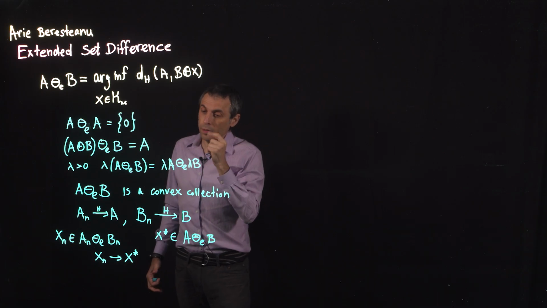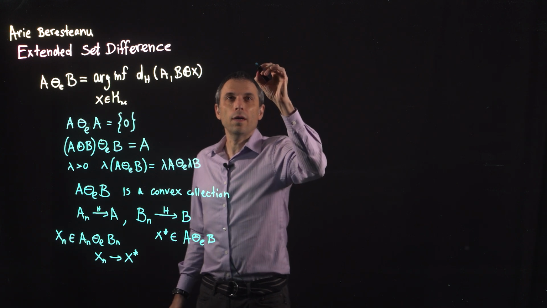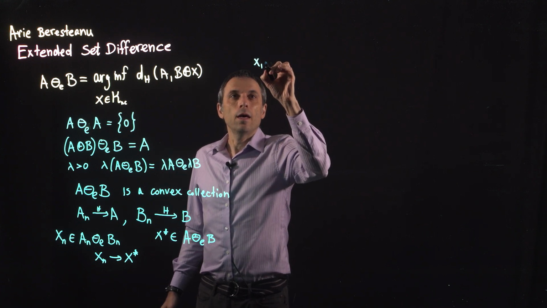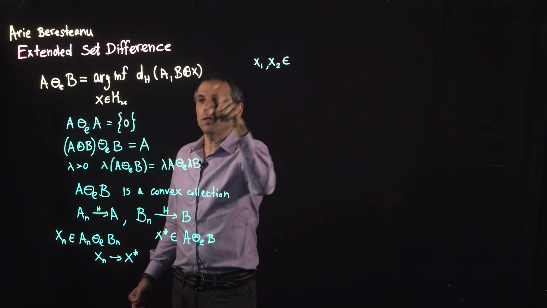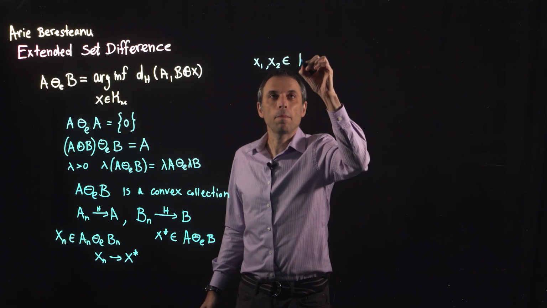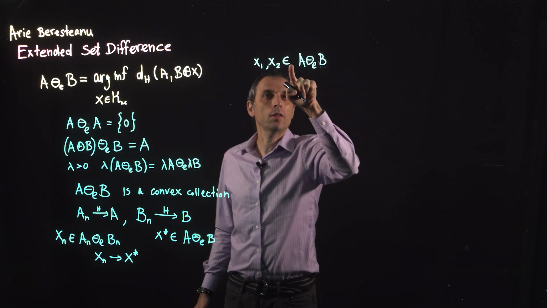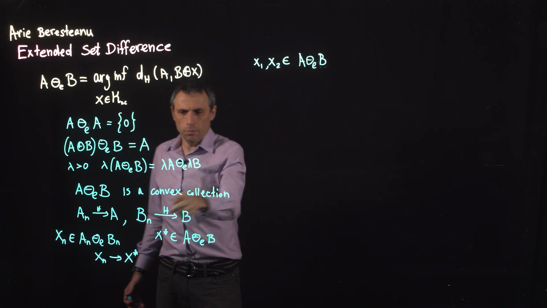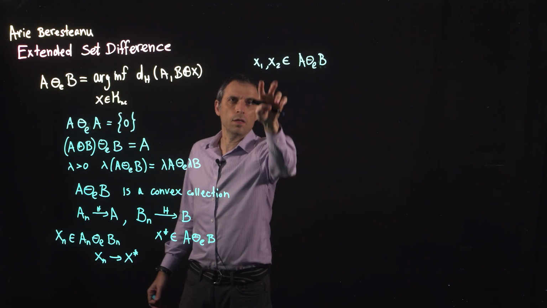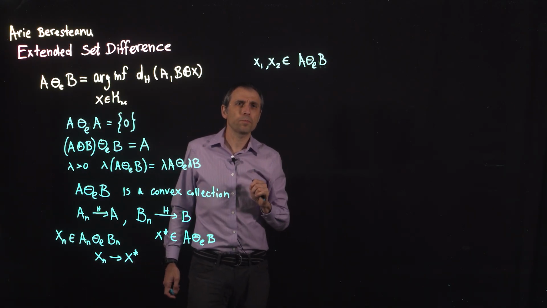So here we say the following. Suppose x1 and x2 are in this set of A extended minus B. It's a collection, so I'm not writing element of here. Then a convex combination of x1 and x2 is also there.